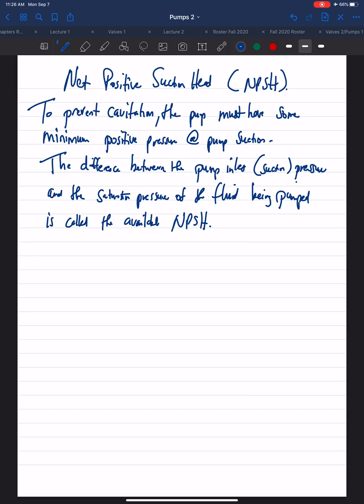So if the available net positive suction head is not greater than required, the pump will cavitate.